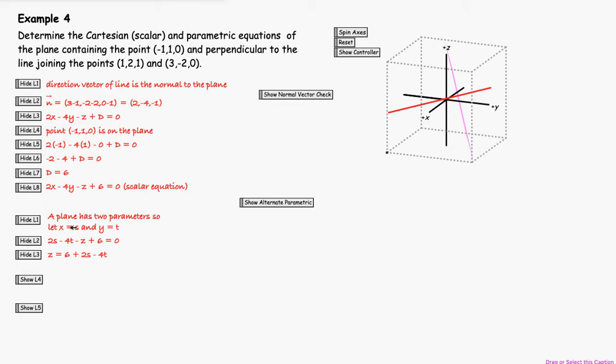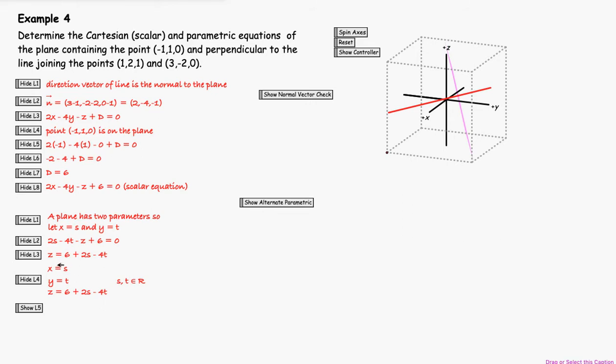I have 0 plus s plus 0t. Here I have 0 plus 0s plus t. Here I have 6 plus 2s minus 4t. So there's the parametric, and if I want to convert that to a vector equation, I can do that next.